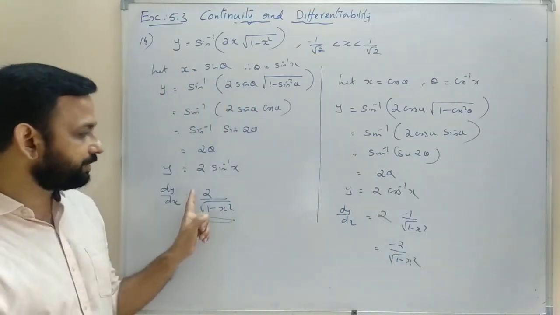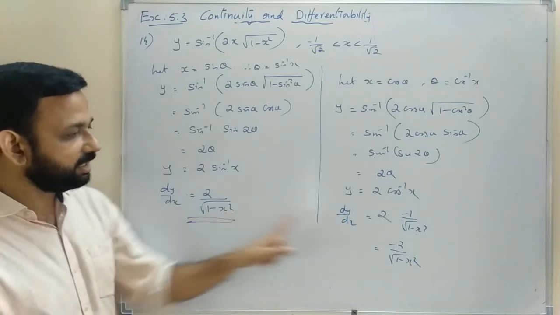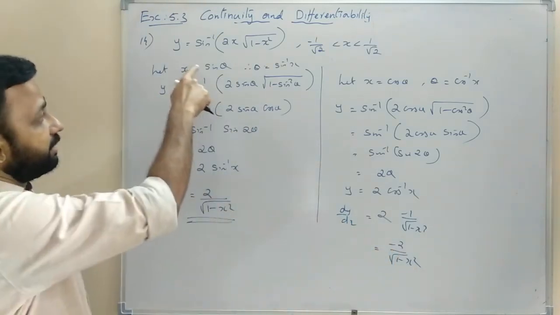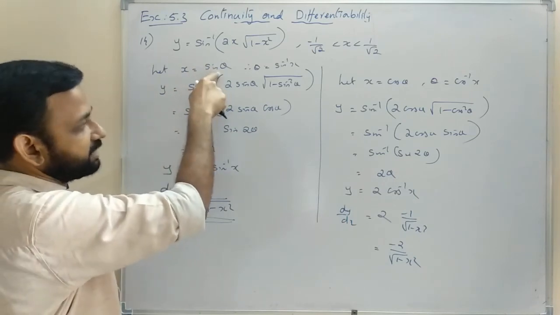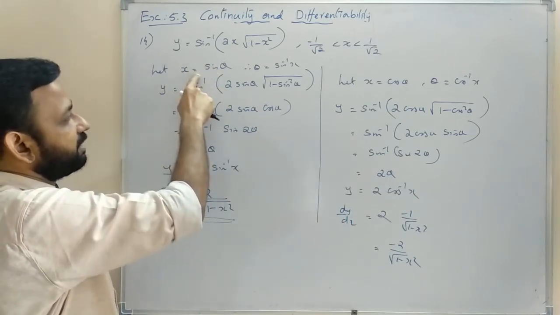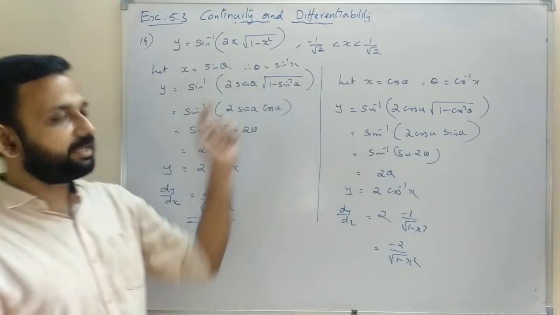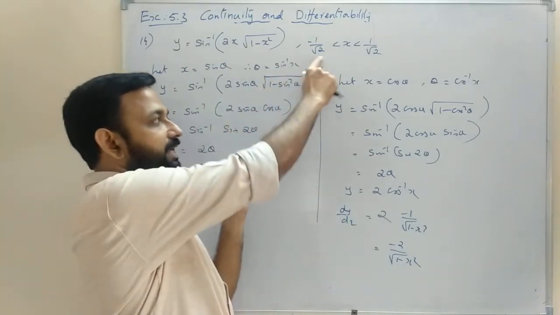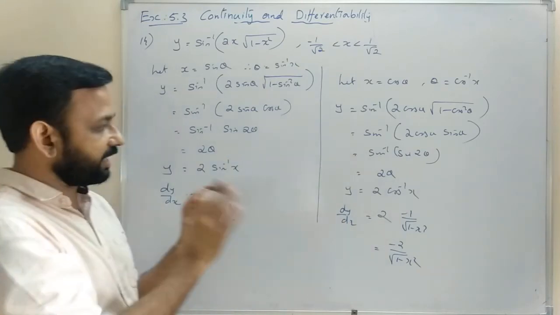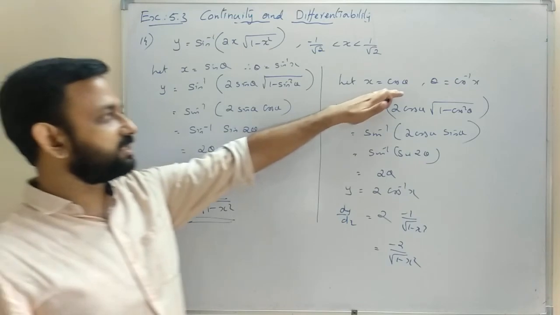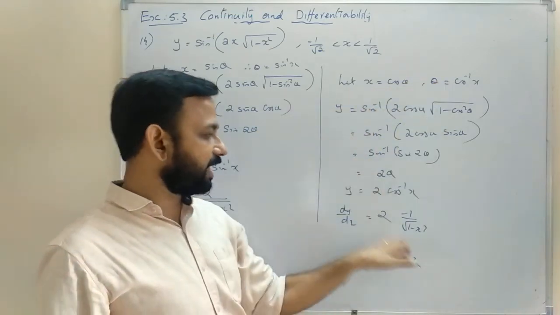But earlier we got 2 upon under root 1 minus x square, and here minus 2 upon under root 1 minus x square. Earlier we took the substitution x is equal to sin theta, we got this answer, and we verified the interval also. That interval gave the correct principal value branch. But when we take x is equal to cos theta, we are getting another answer.